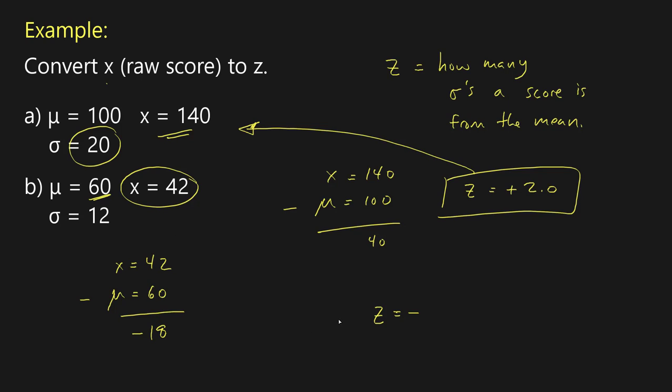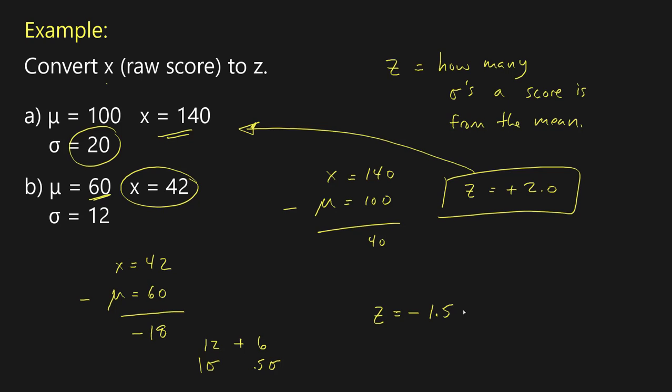Well, if you work it out this way, let's say you've got 12, we've got 1 standard deviation, and then how much is left over after I take away 12 from here? I'm going to have 6. So 12 plus 6, that makes my 18. This is 1 standard deviation, and then 6 is a half of a standard deviation. So I know that my z-score has to be 1.5 standard deviations.